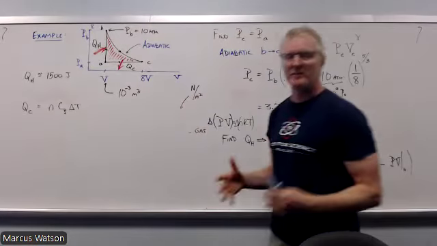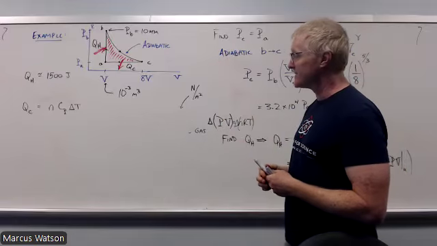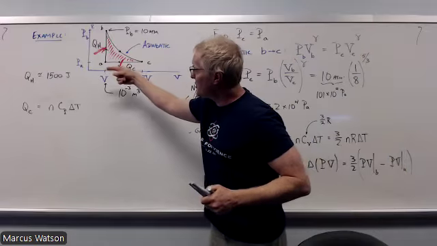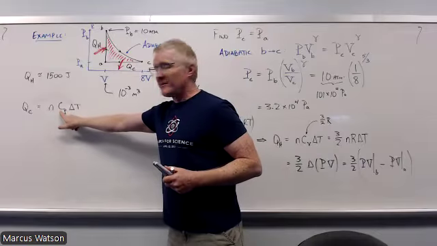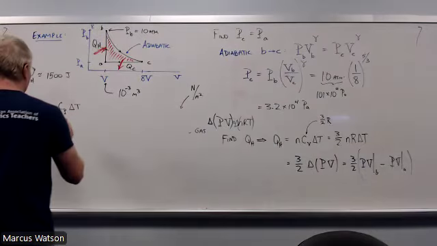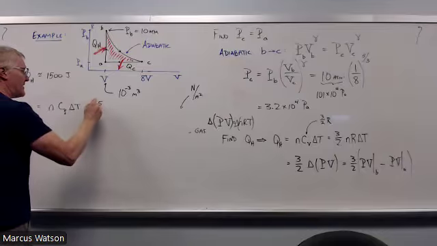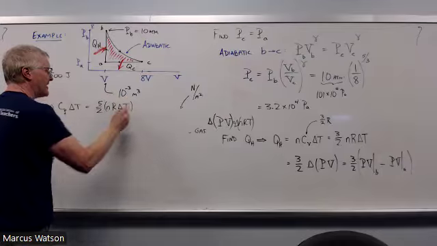This is exactly what we've been developing, all the tools to start attacking things like this. This is a constant pressure process. Again, I'm going to look at this and say, I have a monatomic ideal gas. I know what Cp is. It must be 5/2 R, which changes this into a 5/2 NR delta T.